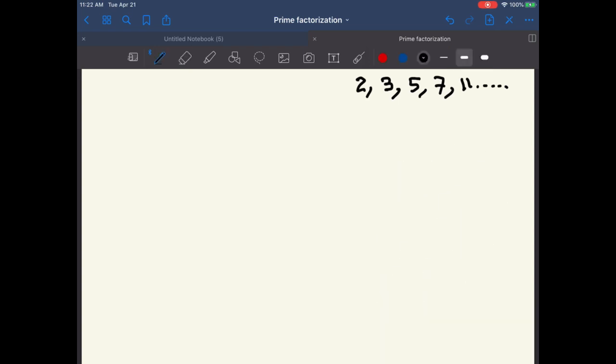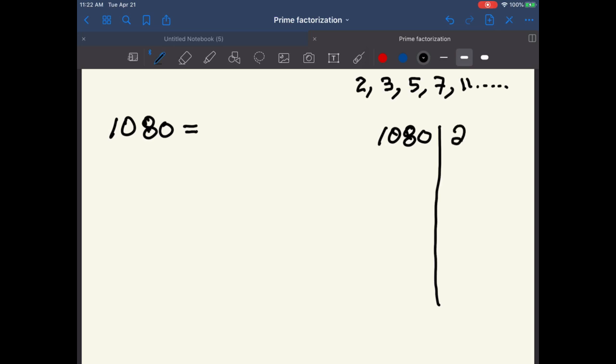My new number is 1080. I do the prime factorization of 1080. Now, you do the same thing. 1080 is divisible by 2. 1080 divided by 2 is going to be 540.